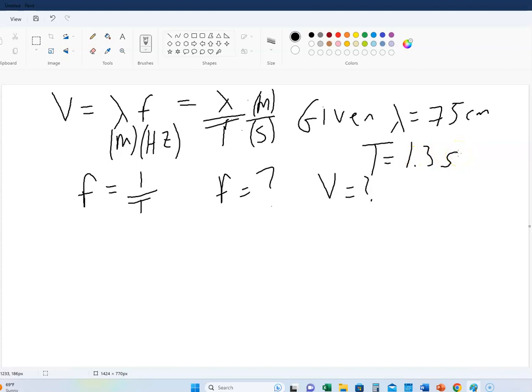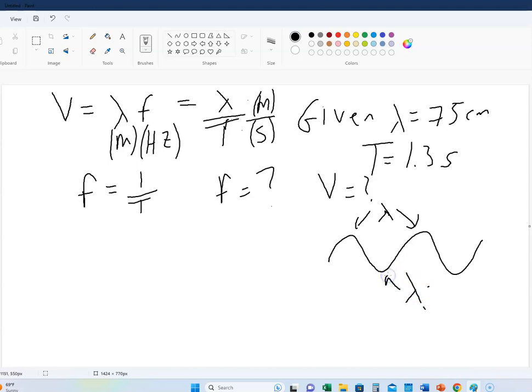So the wave is going by like this. Here's our wave, and the distance from peak to peak, or crest to crest, is lambda. That's what lambda is: the distance where the wave repeats itself. You could also do trough to trough. That's perfectly fine, it's the same value.